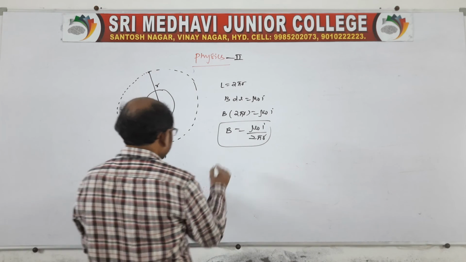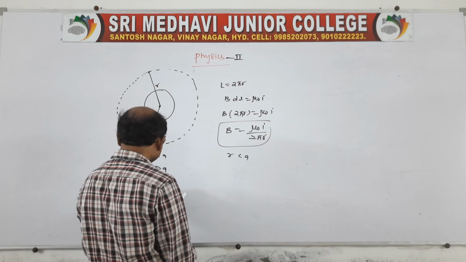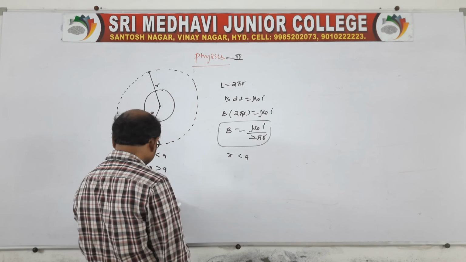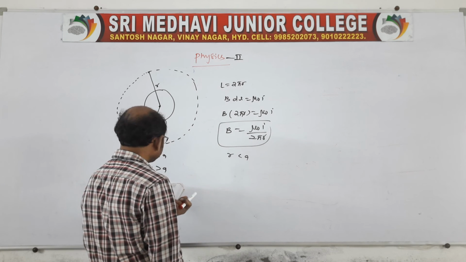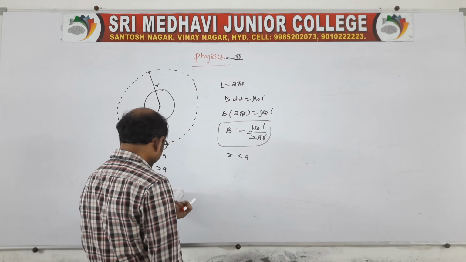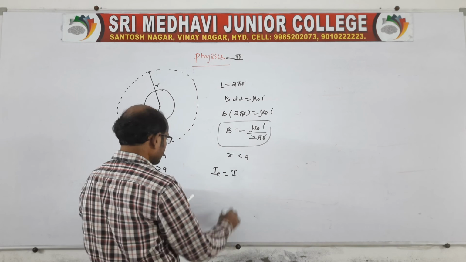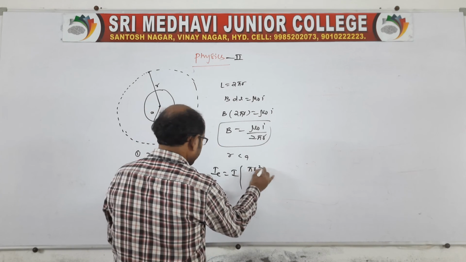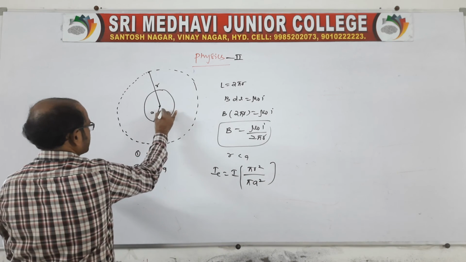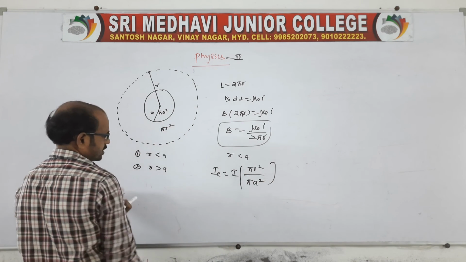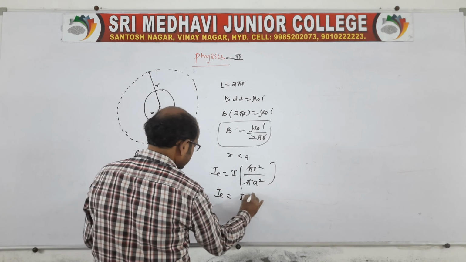And if I go for r less than A, again L is equal to 2 pi r. Therefore the current enclosed in the region is not I. So I enclosed is equal to I into pi r square by pi a square, the area of the two. This area is pi a square, this area is pi r square. Therefore I enclosed is equal to I r square by a square.